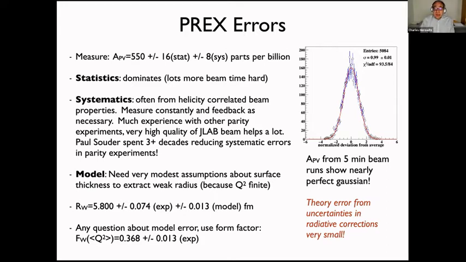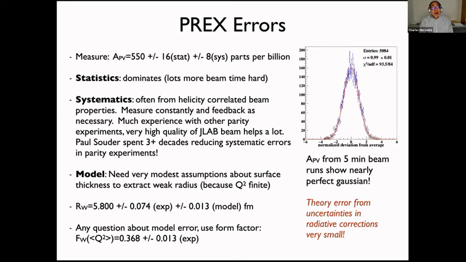There's a lot of experience from many previous parity experiments, and the very high quality of the electron beam at Jefferson Lab from the superconducting accelerator. The beam is very quiet, very stable, and that helps with these systematic errors. And let me mention one person in particular.